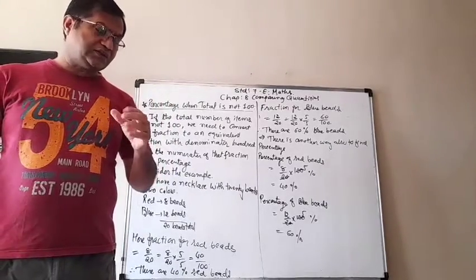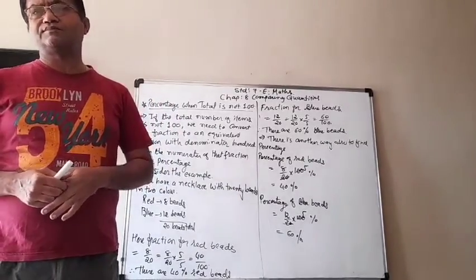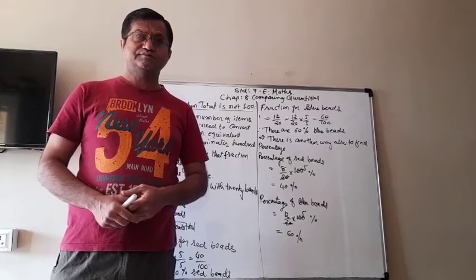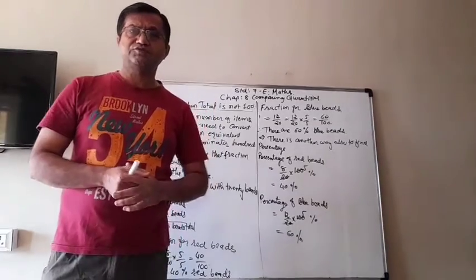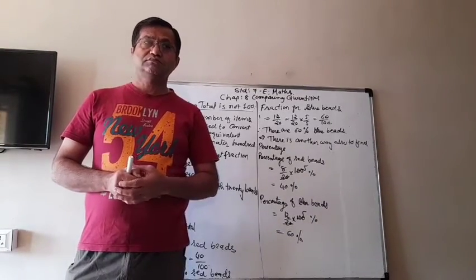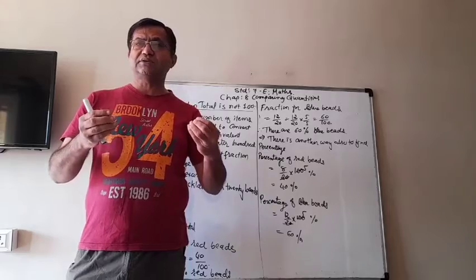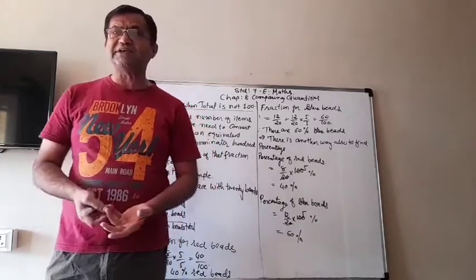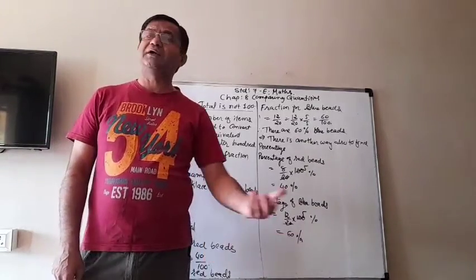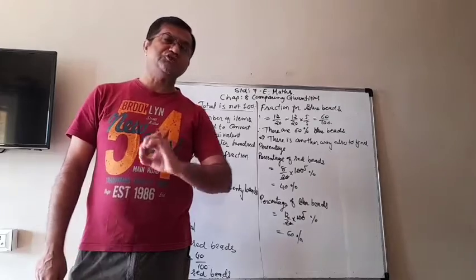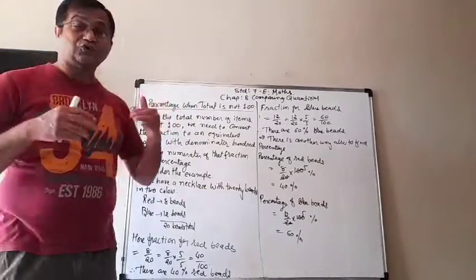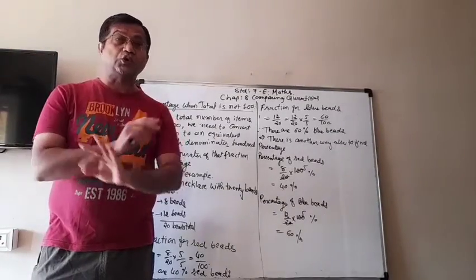Yesterday in the last session we saw that when the total items are 100, it is easy to find the percentage of that particular item, because the denominator of the fraction will be 100. So today we are going to learn how to find the percentage when the total is not 100.